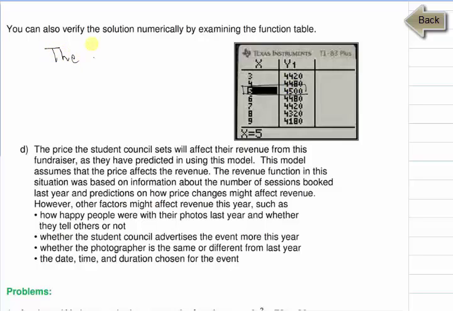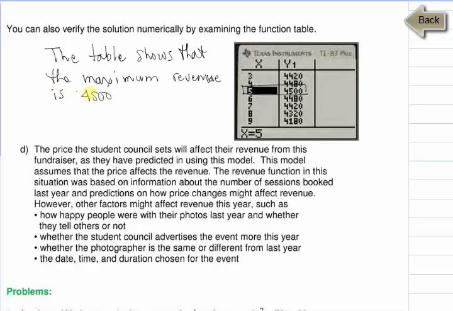So the table shows that the maximum revenue is $4,500, and the session fee is 10 plus n, which is 10 plus 5, which is $15.